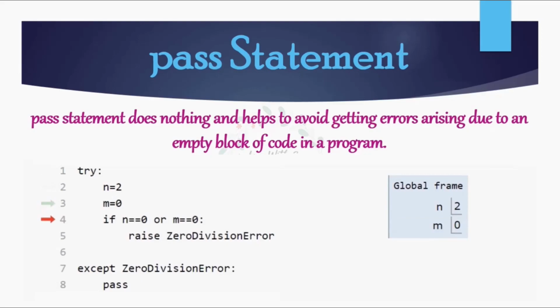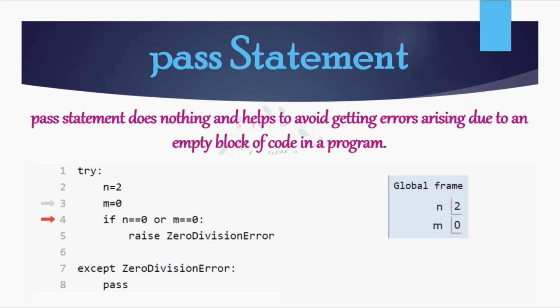So I've written a condition which checks if n is equivalent to 0 or m is equivalent to 0. If any of these conditions become true, then it would raise a ZeroDivisionError because we cannot divide a number by 0. ZeroDivisionError is an exception which has been defined in Python programming. It's like a constant which can be raised here.